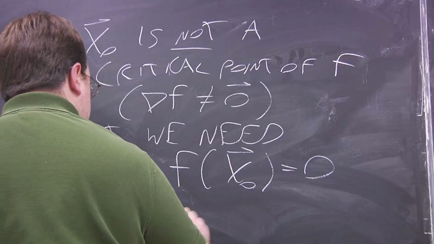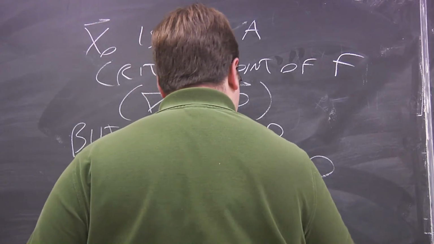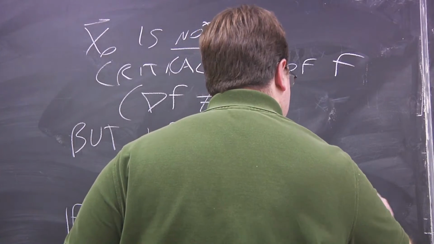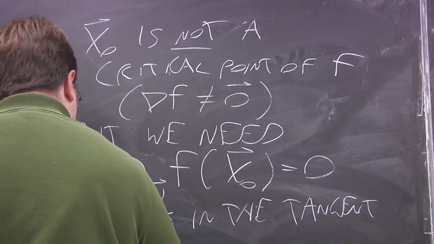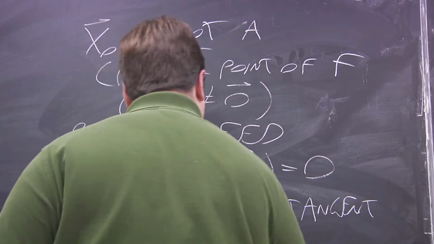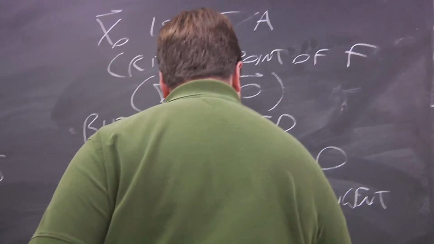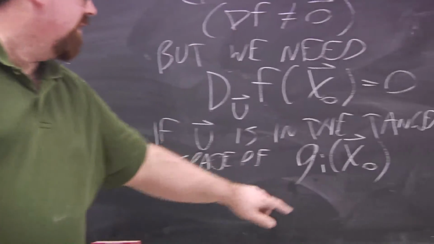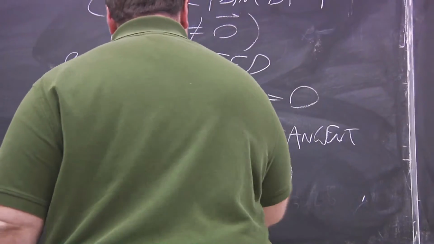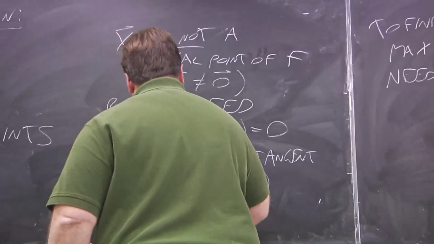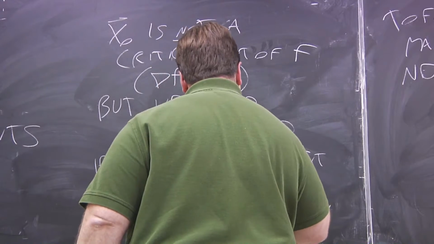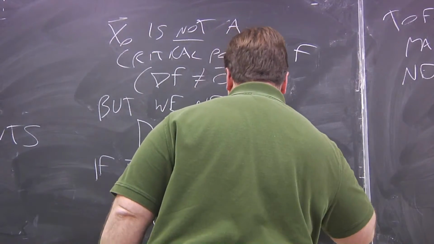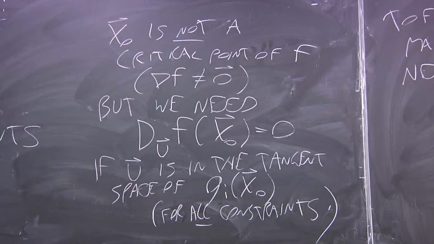If u is in the tangent space of all of these constraint functions evaluated at x0. Okay. All right. So, in other words, let's say in a case where we have one constraint.